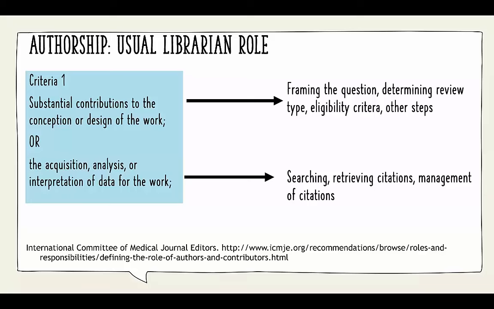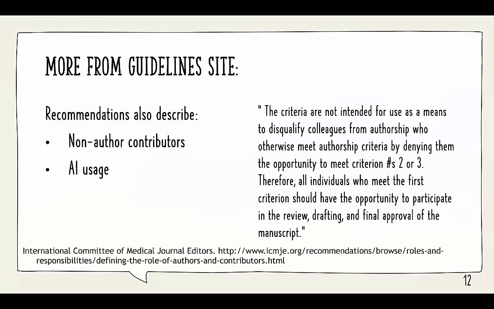All of that is part of that higher level concept of designing the review itself. But if I don't do that part, I can still meet it with the searching and retrieving of the citations and management of that. So it could be both, or it could be either of those where you can meet criterion one. One thing that I really like about the criteria is the statement here that I have in quotation marks.